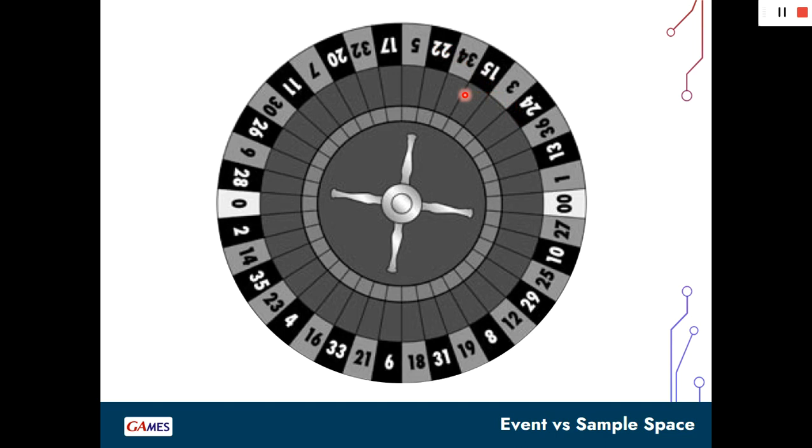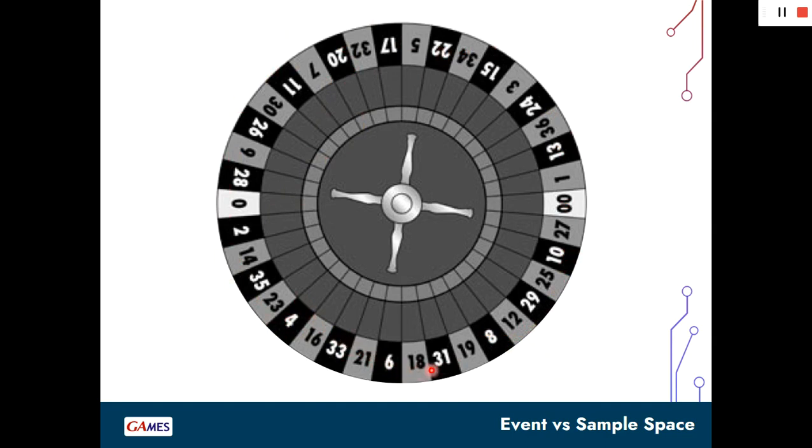To compute that, we need the probability of the ball landing on black, which we already know is 18/38. Then we also need the probability of the ball landing in an even pocket, so we need to know the number of even pockets, the number of possible outcomes for a ball to land in an even pocket.